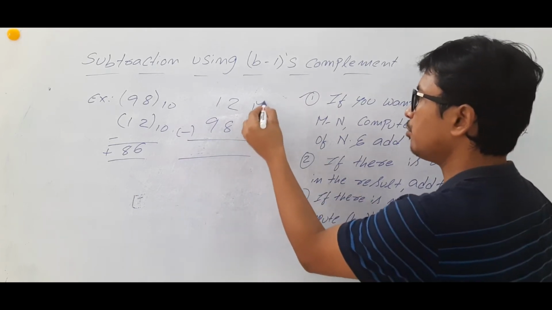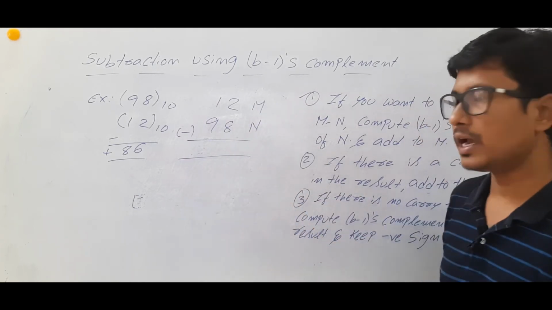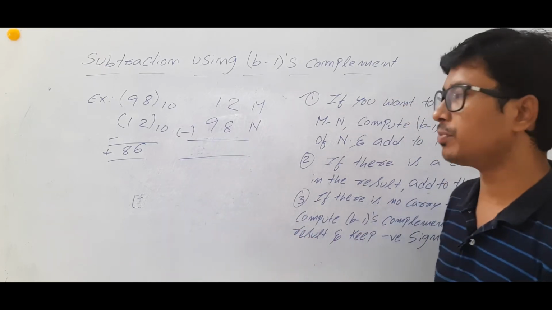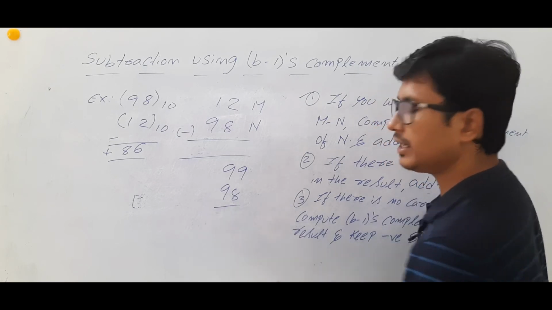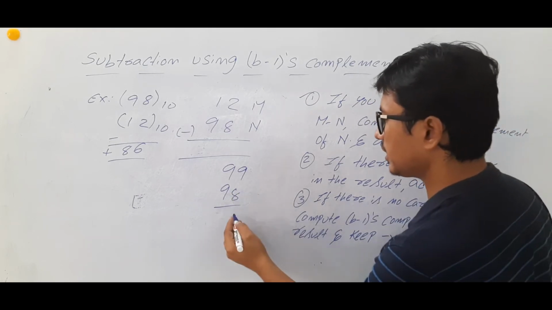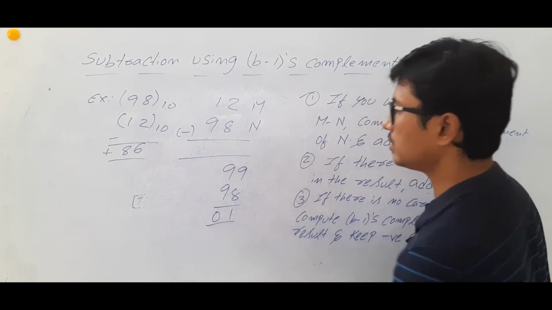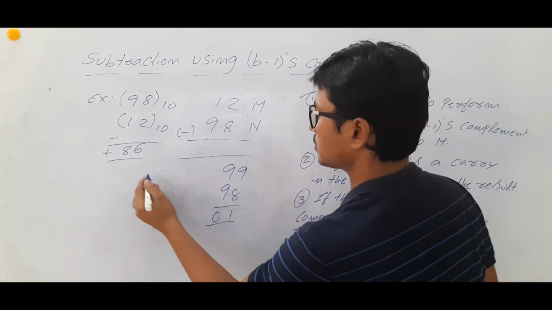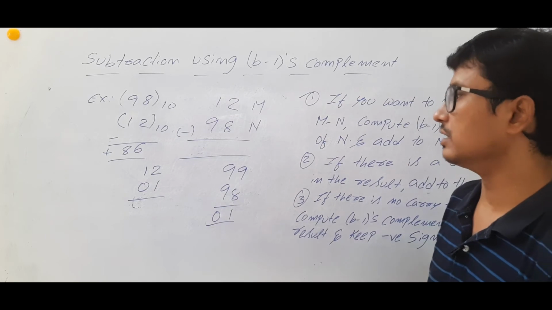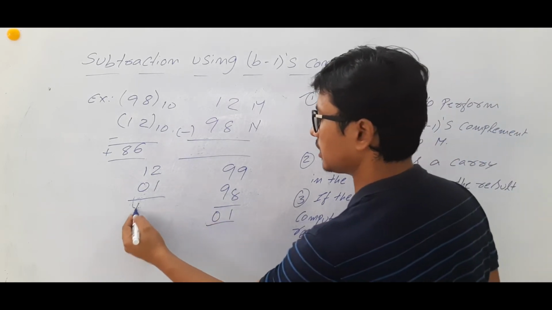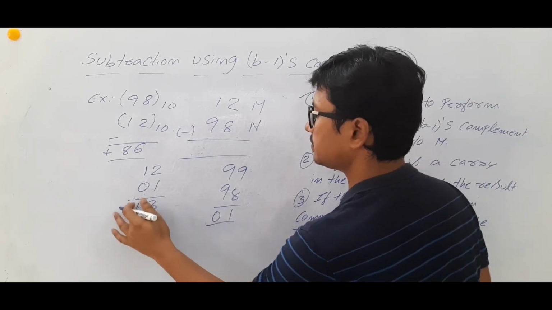I should identify what is m and what is n, and then calculate the 9's complement of n. 9's complement of n is 99 minus 98. You will get 01. So keep it as 12 and 01. You have to perform the addition. If you perform the addition, you will get 13.